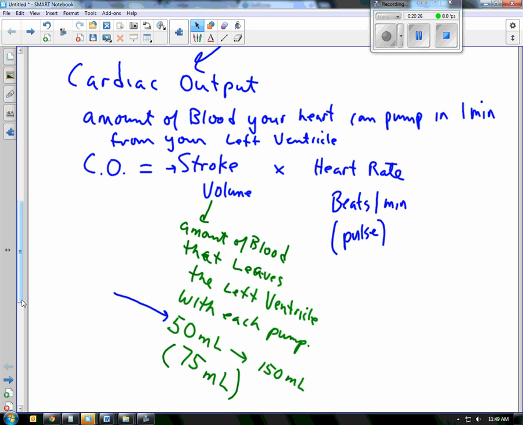And then you're going to do 2 minutes of really vigorous exercise. So go running up and down the stairs for 2 minutes, go for a quick zip down the sidewalk and back. After 2 minutes, take your pulse rate and then find out what your cardiac output is after 2 minutes of exercise. And then I'd like you to answer questions 1, 2, 3, and 4 on the handout. So we're going to try to do that all before the bell rings.